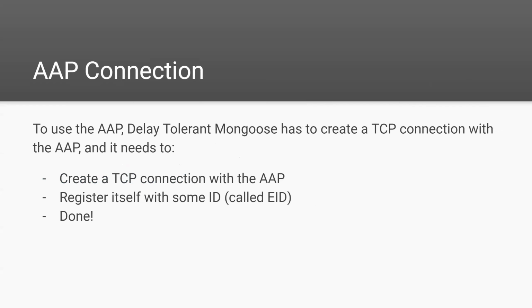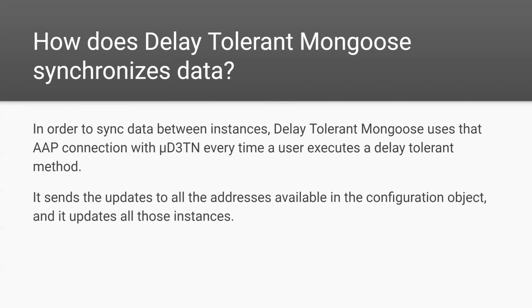In order to update other instances, you will have to have those IDs to send them messages. For example, backend A and backend B, and you will send messages from backend A to backend B and from backend B to backend A. Okay, so this is basically what I said. It uses the AAP to synchronize data.